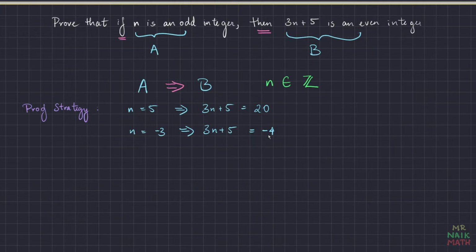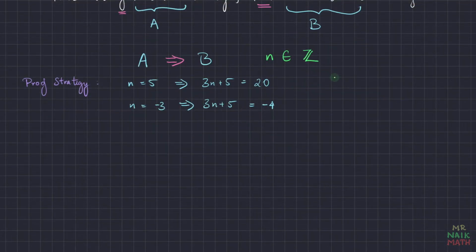So you can notice that whenever we choose an odd integer for n, we get an even integer for 3n plus 5. But we have only shown this result for two odd integers, n equals 5 and n equals negative 3. We wish to prove this for every odd integer. So let's try to characterize what even and odd integers look like in general.